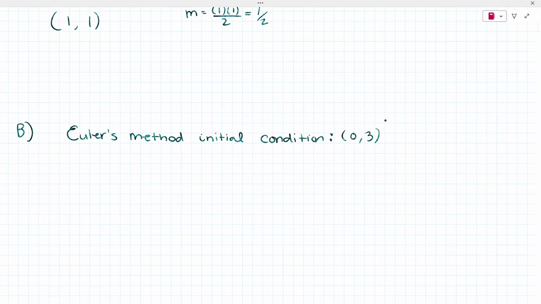And then we have a step size, or a delta x, of 0.1.